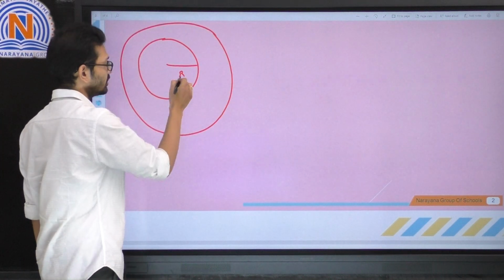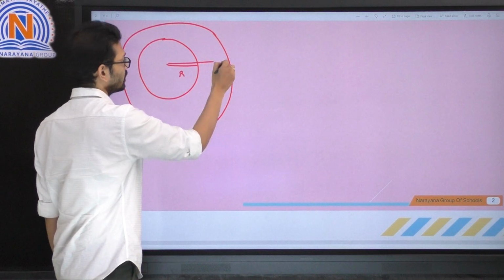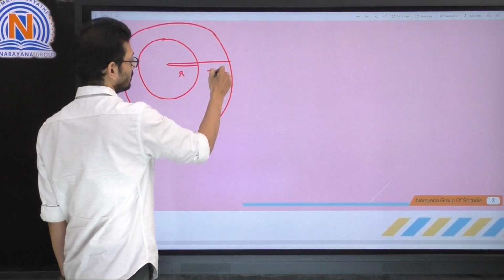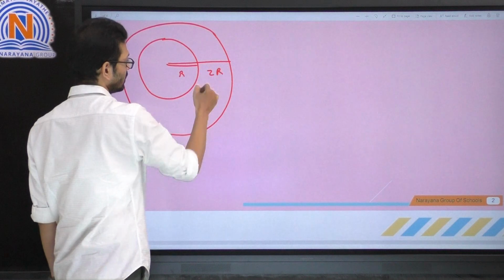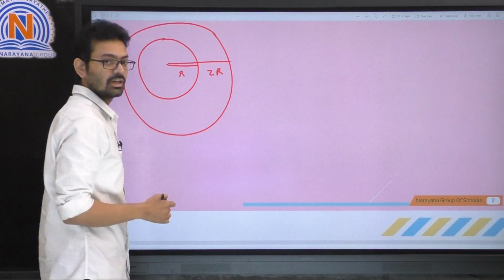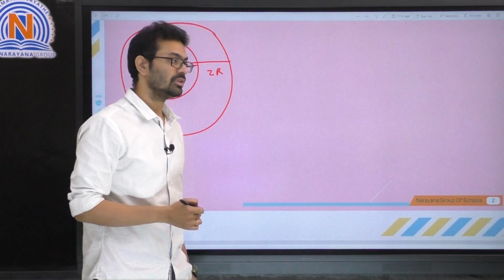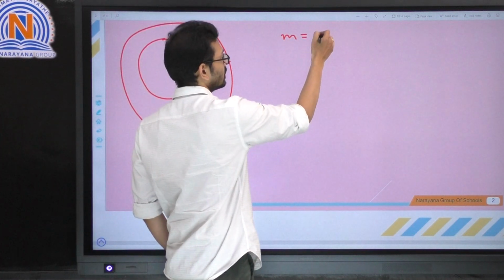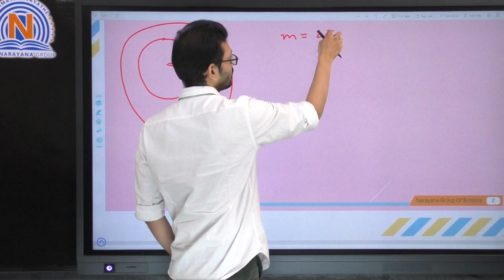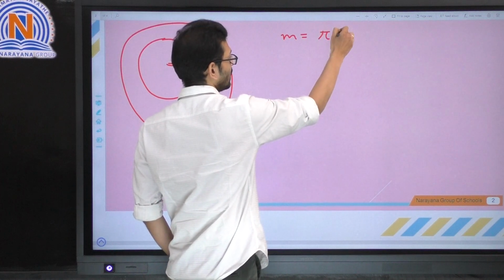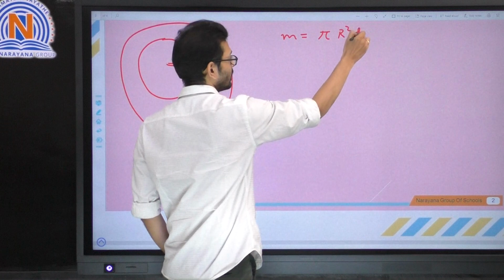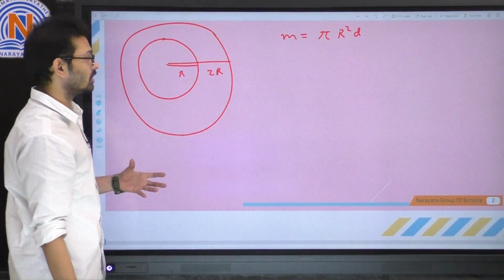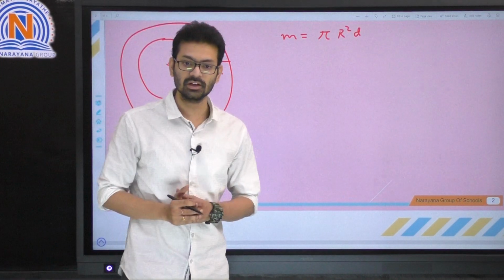These are uniform disks. The mass of a uniform disk is pi r square d.